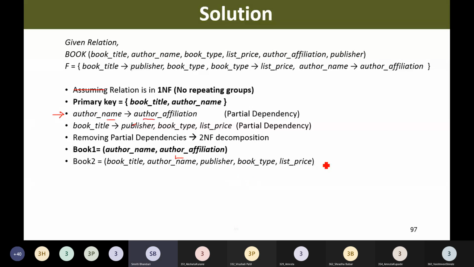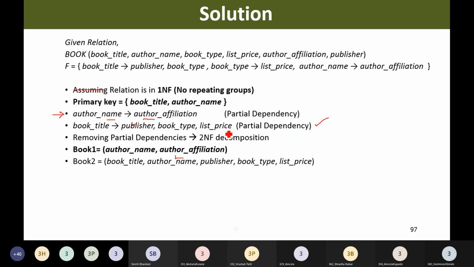Now, what we find here is that this book 2 is also not in 2NF, because we have found this partial dependency already. The partial dependency that we have is book title determining publisher, book type, list price.